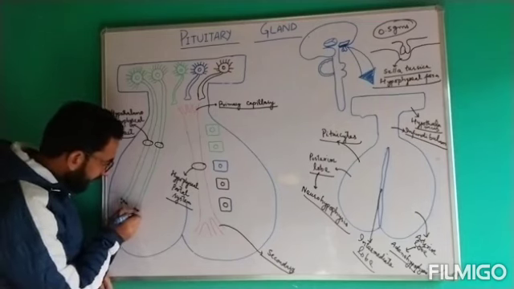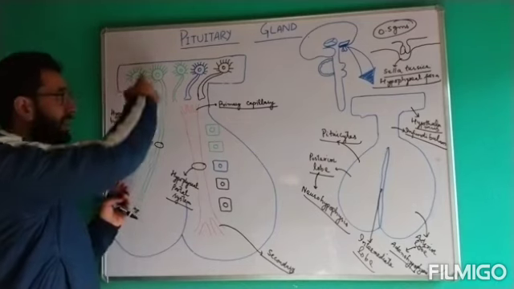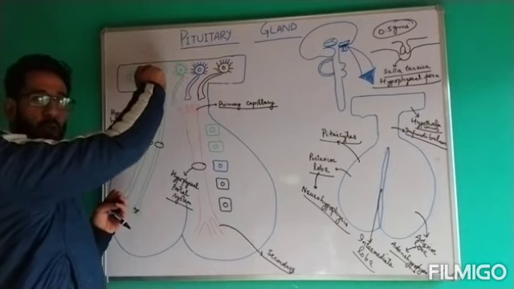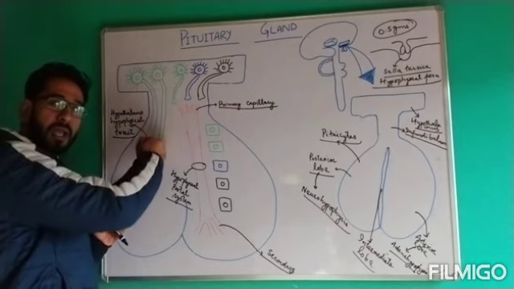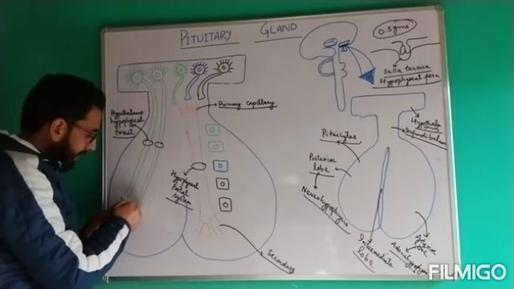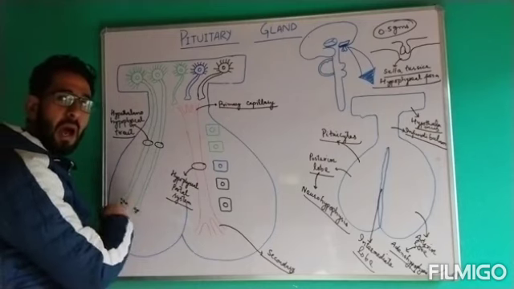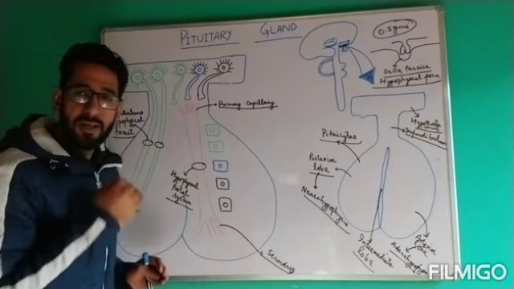Then after a particular stimulus, when these cell bodies are stimulated, an action potential is generated. That action potential comes down to the axon terminal, which contains these vesicles, and these hormones are released out of the posterior pituitary gland.